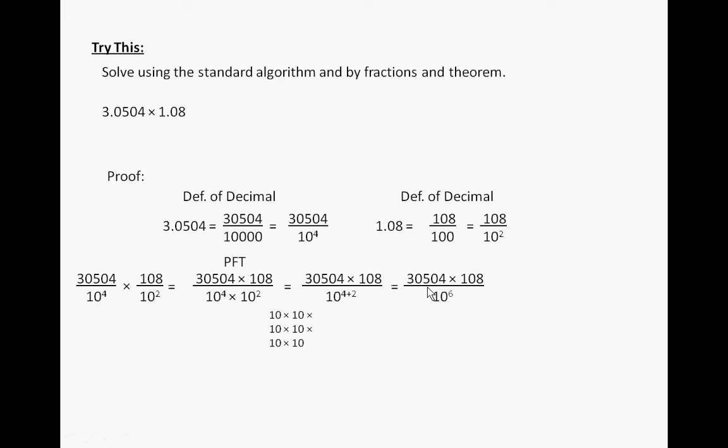So 30,504 times 108 over 10 to the 6th power gives you 3,294,432 over a million. So you can leave it like that, or you can actually write it as a decimal, and this is where you get 3 and 294,432 millionths.